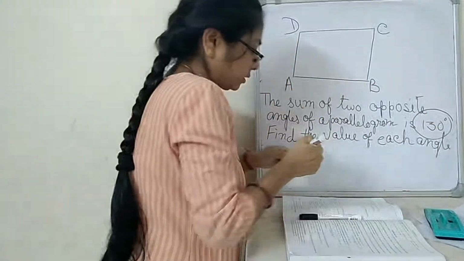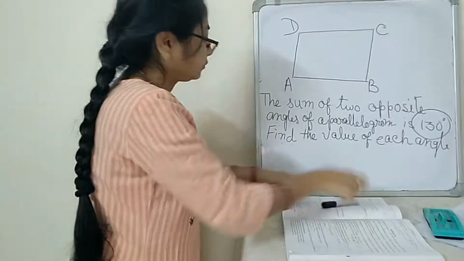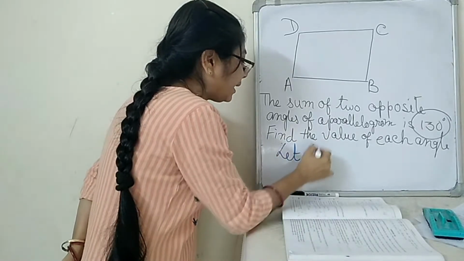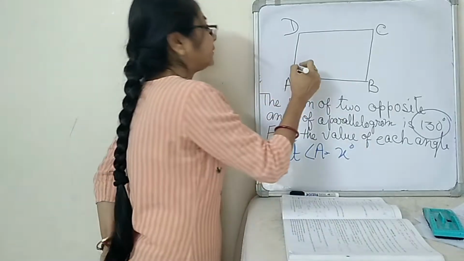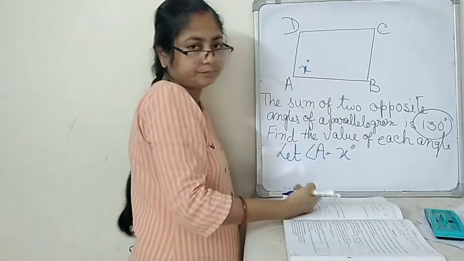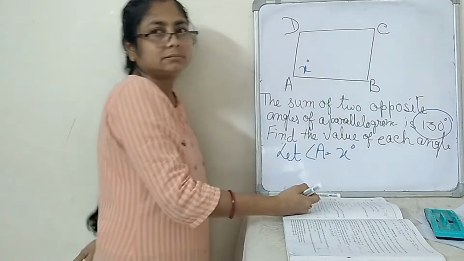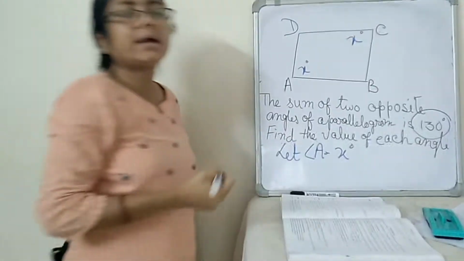So I write, let angle A be x degree. Clear? I write here x degree. What is the opposite of angle A? Can anybody tell? It is angle C. Clear?